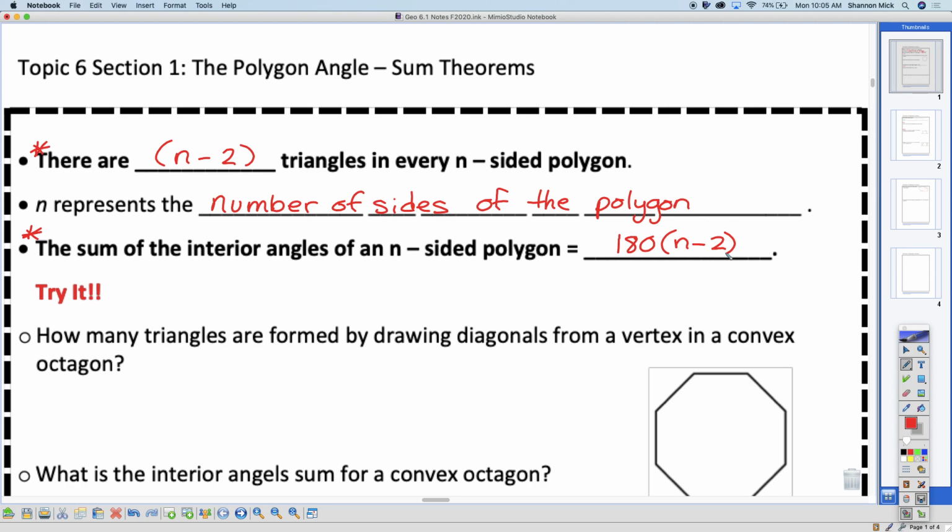Okay, so how many triangles are formed by drawing diagonals from a vertex in a convex octagon? But I don't want to draw them. Do you want to draw them? I want to draw them. Because that would be like here to here, yeah? And here.